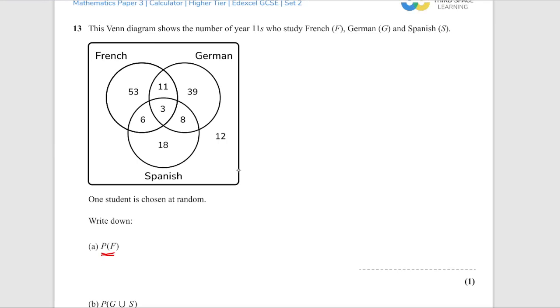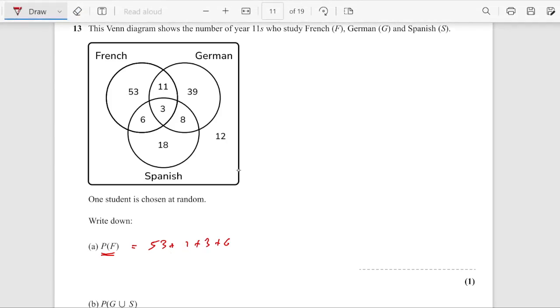So the probability is going to be equal to 53 plus 11 plus 3 plus 6 divided by the same. So let's work that out first of all. Divided by total. I'm going to put that for now.